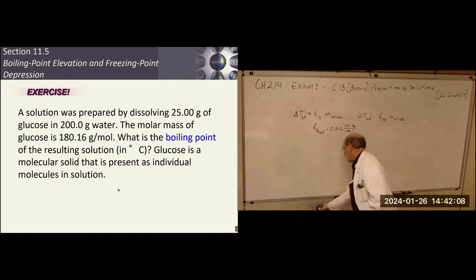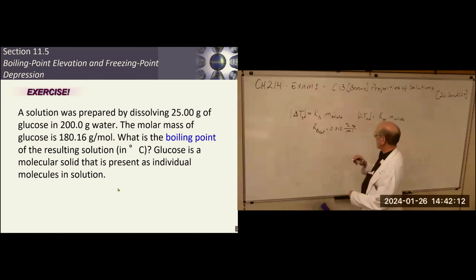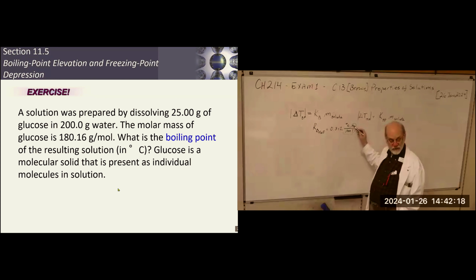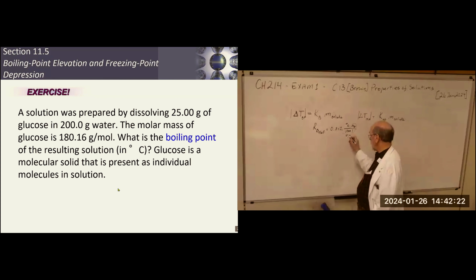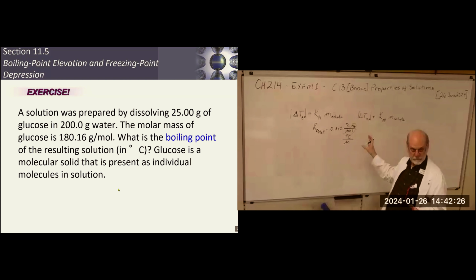Now, what you may also see is this expressed as mole per kilogram, which is molality. So you may see it written this way, per molal. It's the same thing.